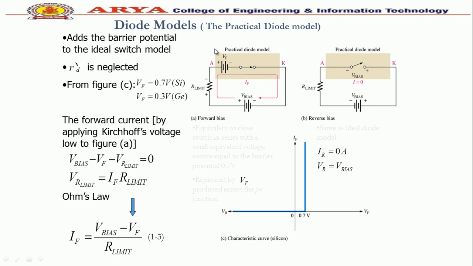We count this forward voltage VF while calculating the current through the circuit. The current is given by V bias minus VF upon R limit. According to this modified equation, we can draw the characteristic like this, in which VF is 0.7 volt for silicon and 0.3 volt for germanium.